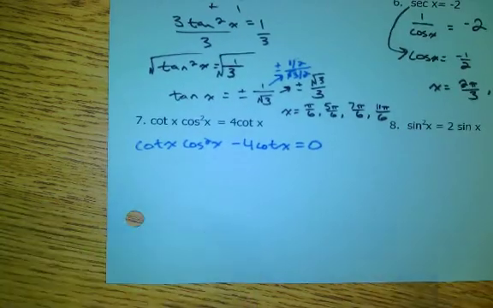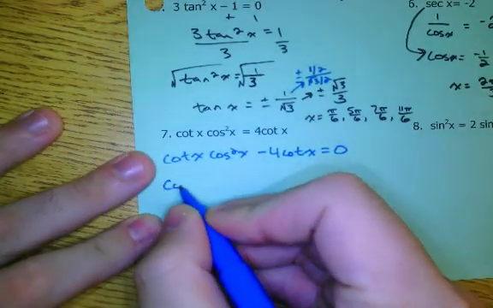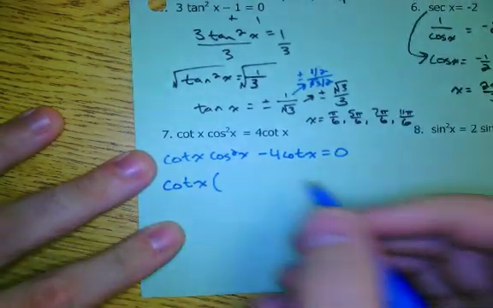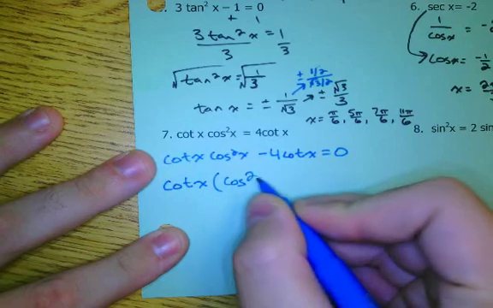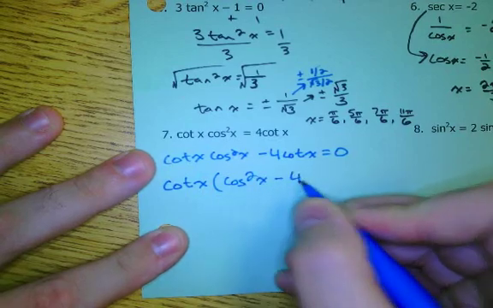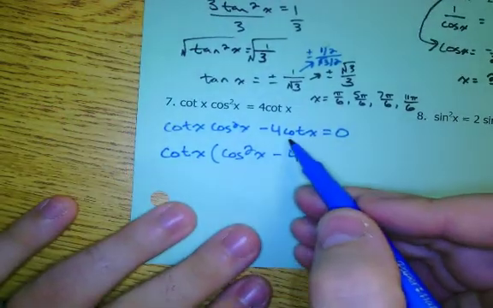So you need to get it to equal 0. Now can you factor it? Now we can totally factor it. How does this factor? So take out a cotangent x, and I'm left with cosine squared x minus 4.